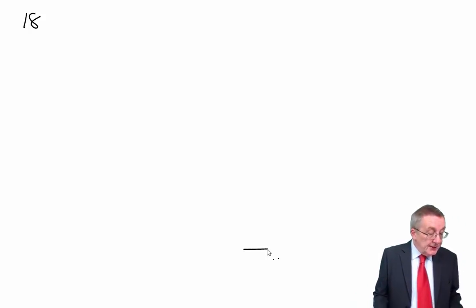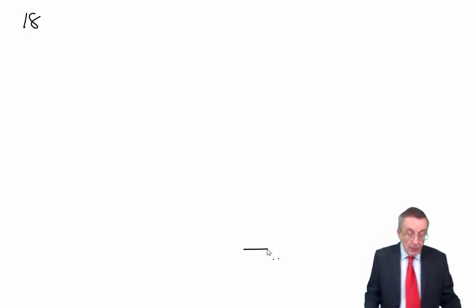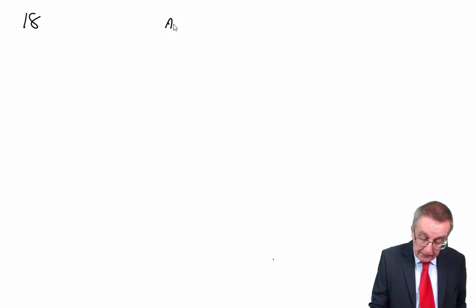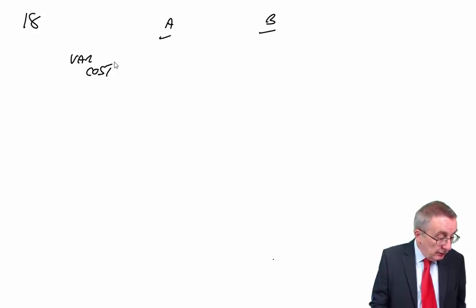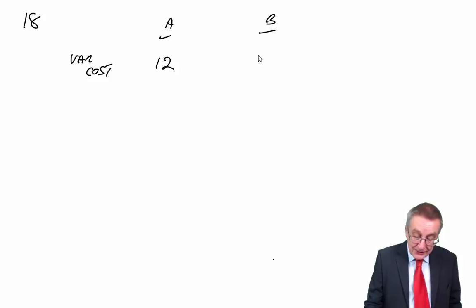The point is, we're not interested here in the fixed overheads. The variable costs in total for A are $12 a unit. For product B, 5, 11 and 7 is 18 a unit.